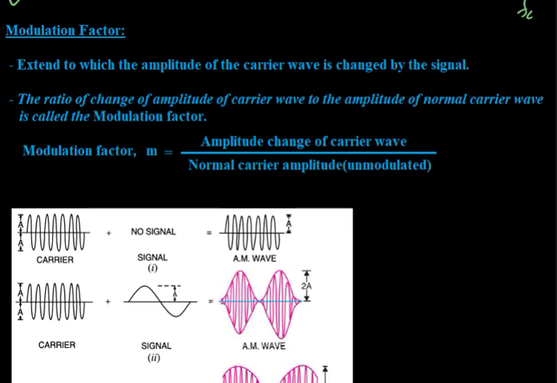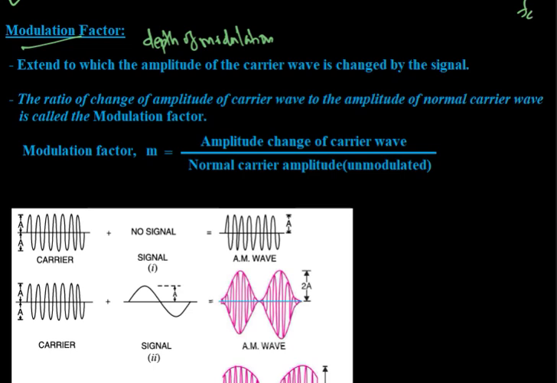We have seen that in the amplitude modulation, the amplitude of the carrier wave is changed by the signal, and the variations in the amplitude of carrier wave has the same frequency as that of the signal frequency. So the depth of this modulation is represented by a quantity called a modulation factor. So the modulation factor gives the extent to which the amplitude of the carrier wave is changed by the signal.